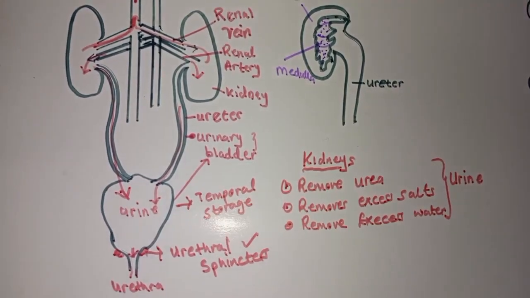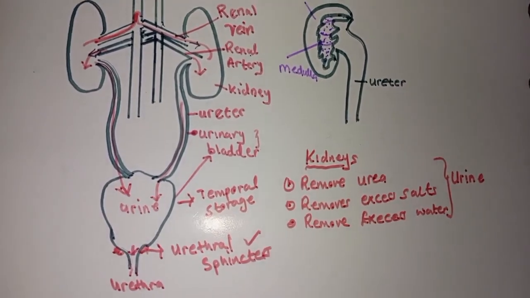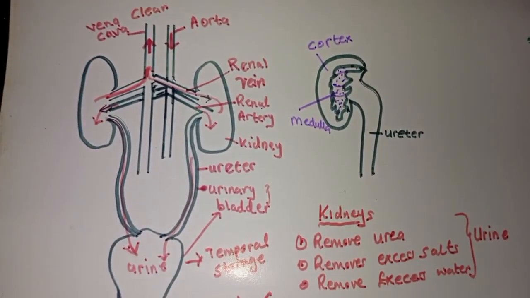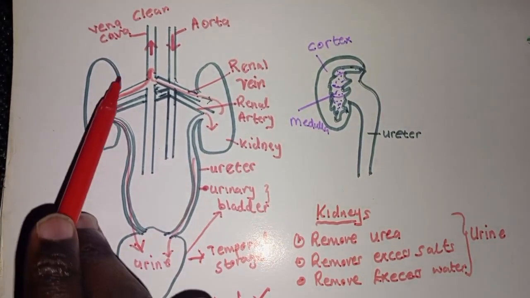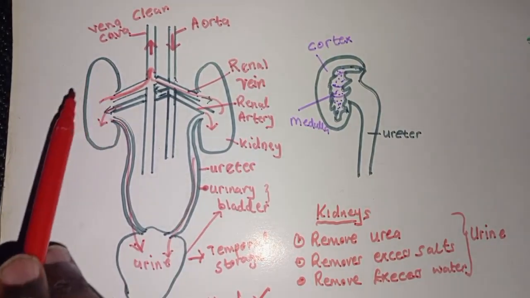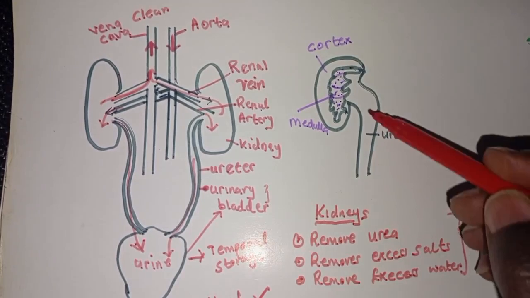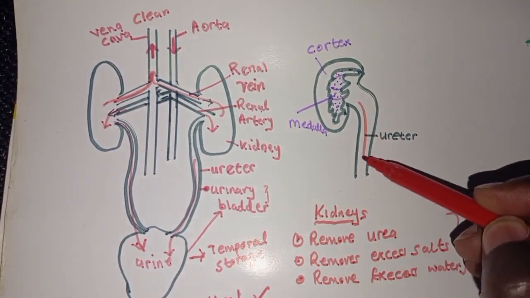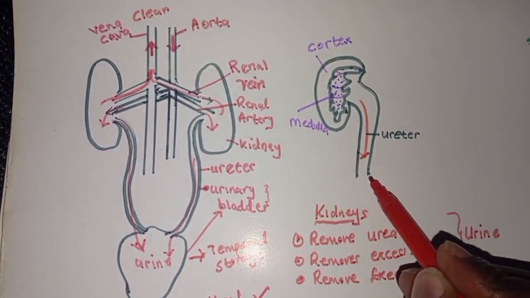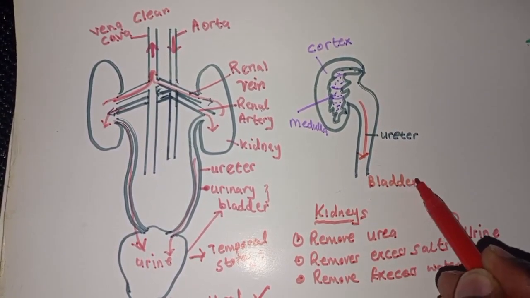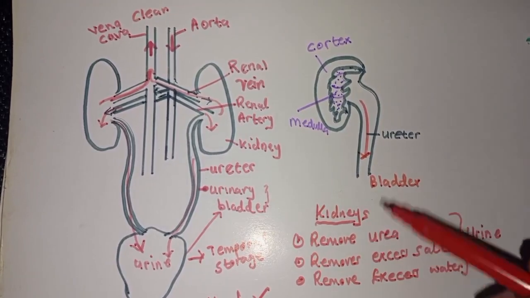Now we zoom in on this kidney here. So you have the ureter. This is where urine passes. And where does it go here? The urinary bladder. So the kidney has two things.